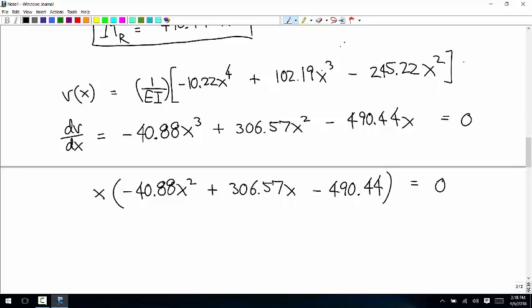Can someone find that? Anybody who has a TI-89 has a polynomial solver, root finder. Something bigger than 4, we don't care about that.